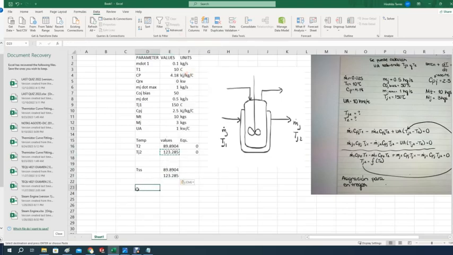Now how about the steady state temperatures when COJ, meaning the flow through the jacket, is 0? If I drop this to 0, meaning I close the valve, what's going to happen?